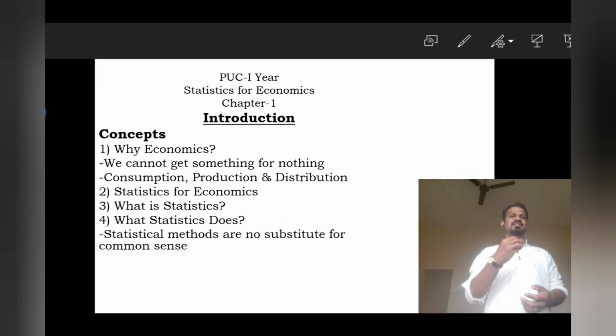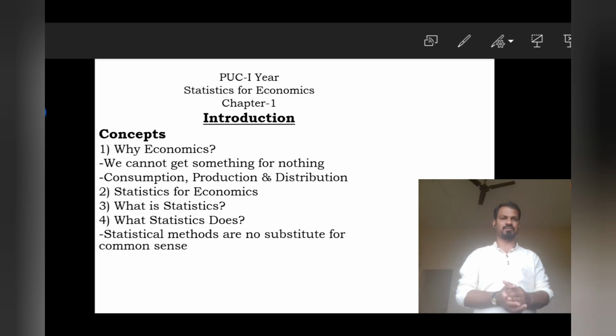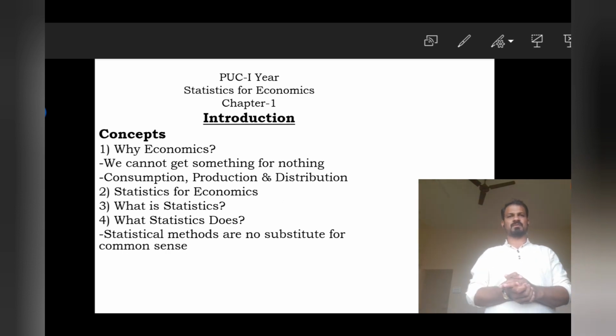Thereafter, what is statistics, meaning the meaning of statistics, that is what we learn here. Who all contributed to this subject of statistics, and what is the meaning of statistics in different ways. There are two kinds of concepts kept in that: statistics in a singular sense and statistics in a plural sense.